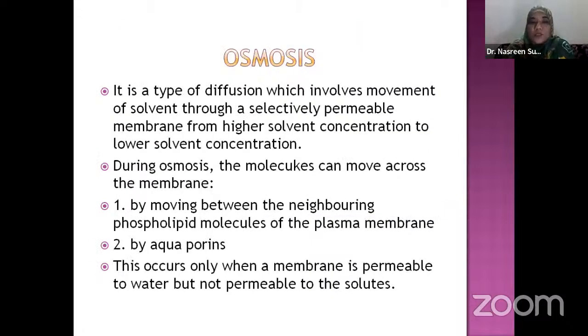Coming to osmosis. It is a type of diffusion which involves the movement of solvent, whereas in diffusion we have seen the movement of solute. Here we will see the movement of solvent through a selectively permeable membrane from higher solvent concentration to lower solvent concentration. Don't get confused because you might have studied in your intermediate that osmosis is low pressure to high pressure.